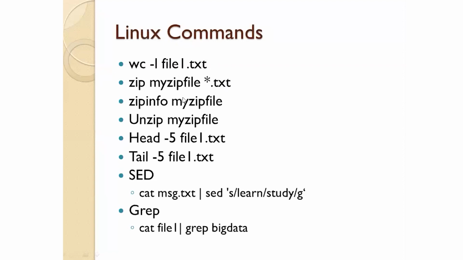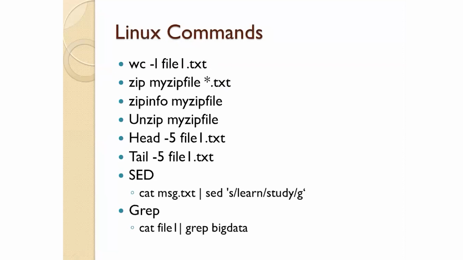Then all the txt files in that directory will be zipped together to form a zip file. If there is a zip file in some directory and you want to see what files are present in it, you can use zipinfo followed by the zip file name. That would list all the files present in the zip file.